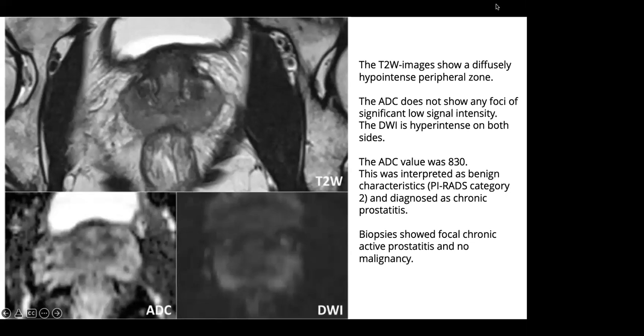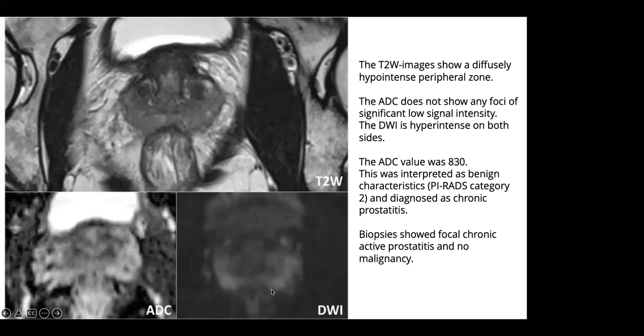So again, the next case, you can see that the peripheral zone hyperintensity, the bright signal, is lost, but it is symmetrical. We can make out that this again is sharp, and on the corresponding ADC, we do not see any hypointensity in it. On DWI, it is slightly bright, but we have to respect the ADC.